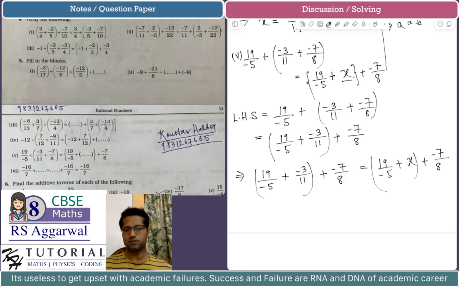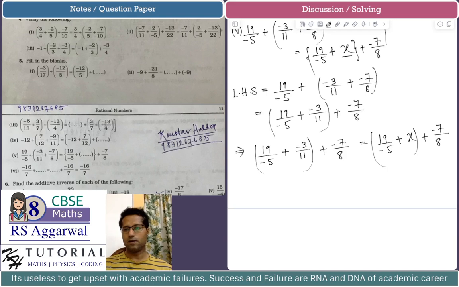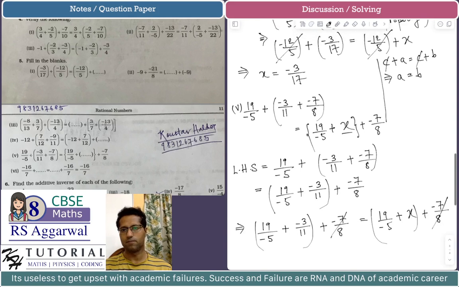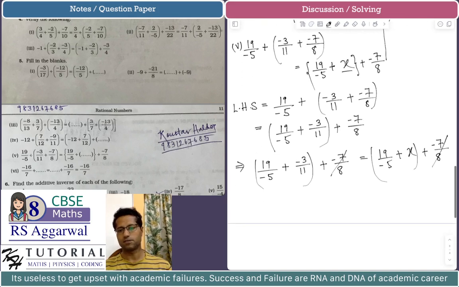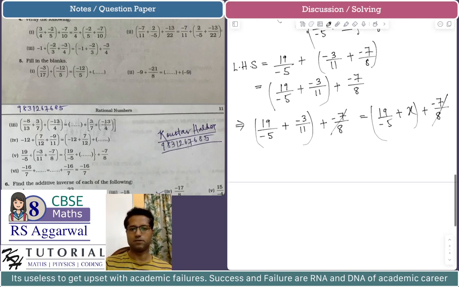Now how do we find x? First of all, we will cancel out minus 7 by 8 as I explained in the previous example. If you know that c plus a is equal to c plus b, we can cancel out c. So in this case the c was minus 7 by 8. So this implies that 19 by minus 5 plus minus 3 by 11 is equal to 19 by minus 5 plus x.